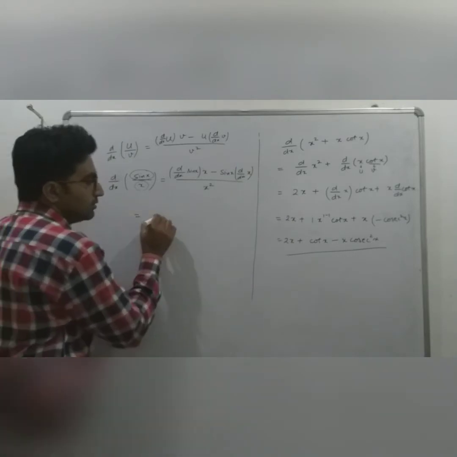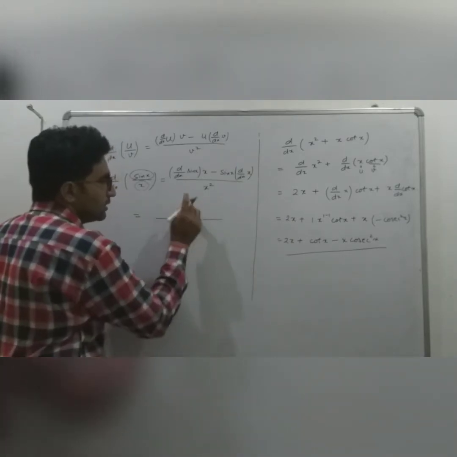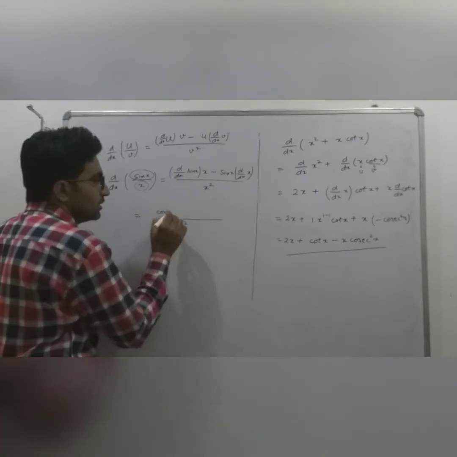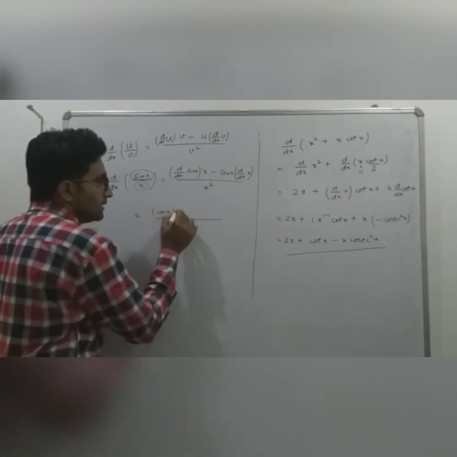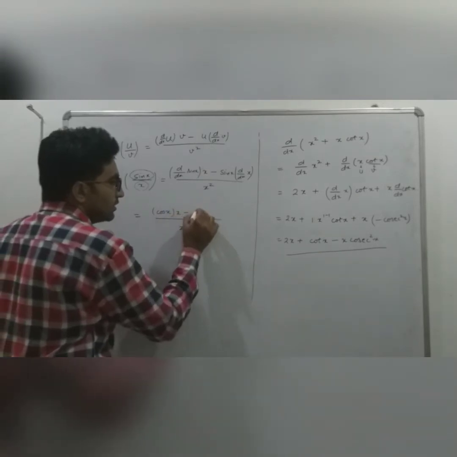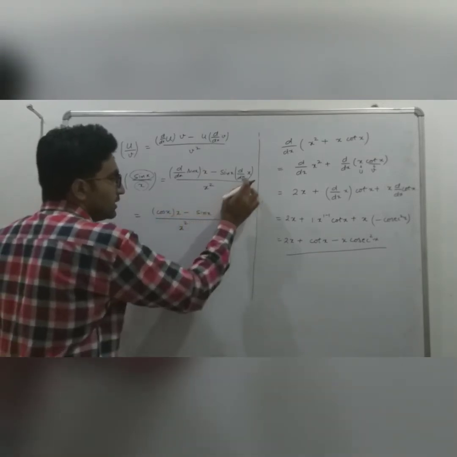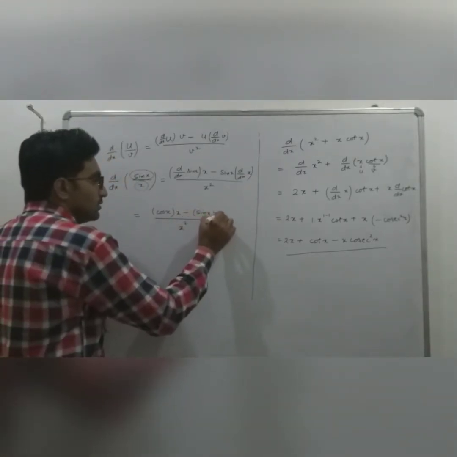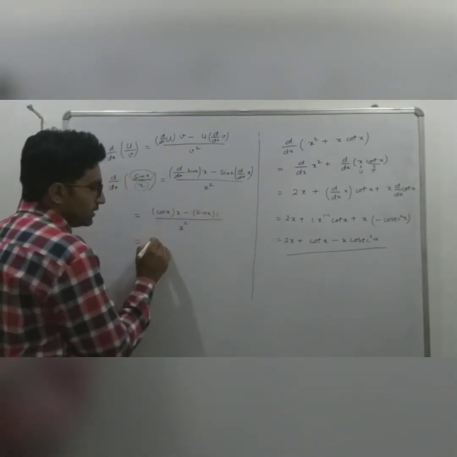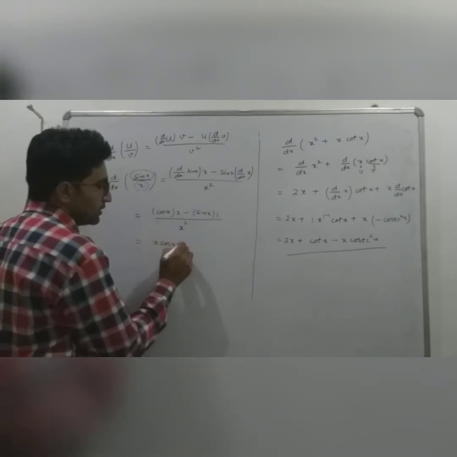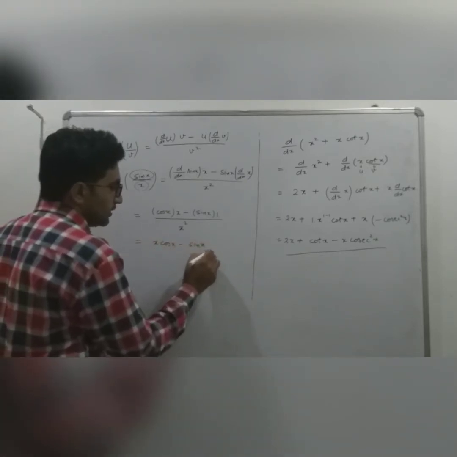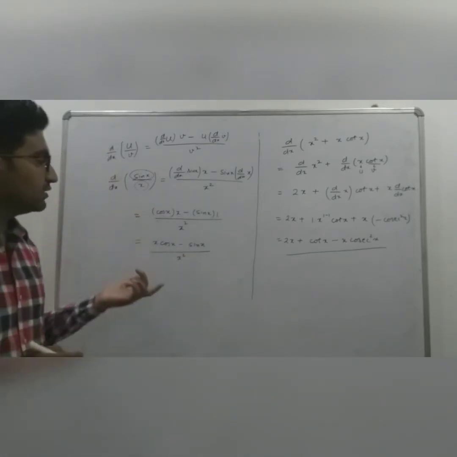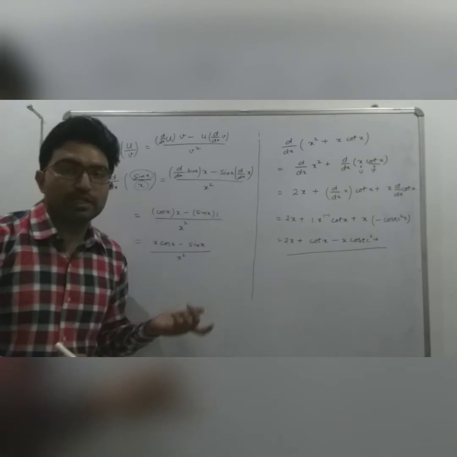So it will be equal to x square; differentiation of sin x is equal to cos of x into x as it is, minus sin of x, and the differentiation of x is again equal to 1. So our differentiation is x cos of x minus sin x divided by x square. So the differentiation of sin x by x is equal to x cos x minus sin x divided by x square.